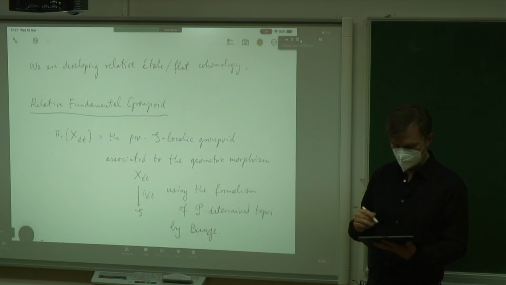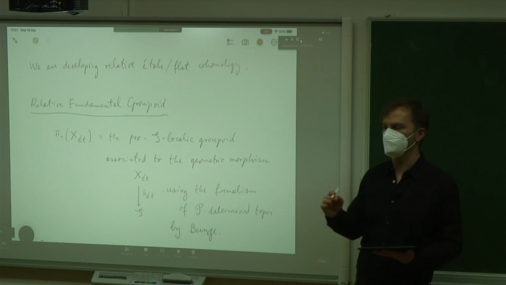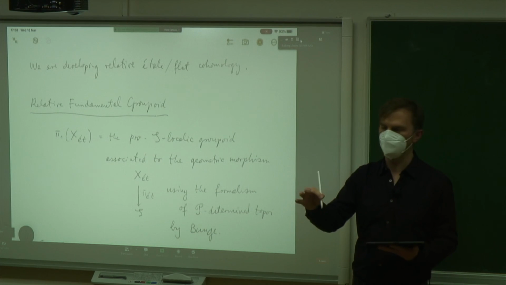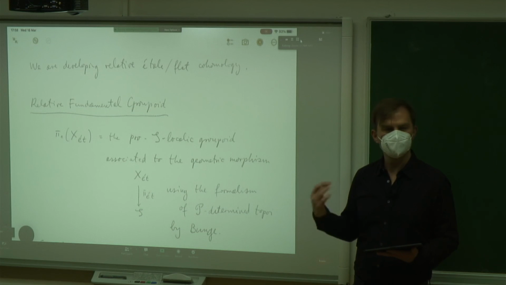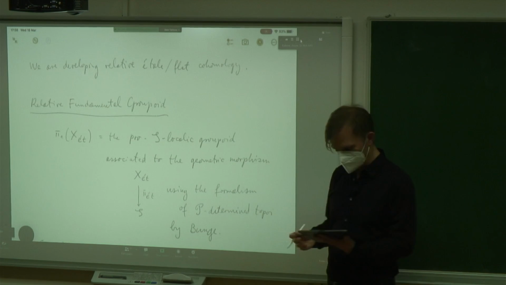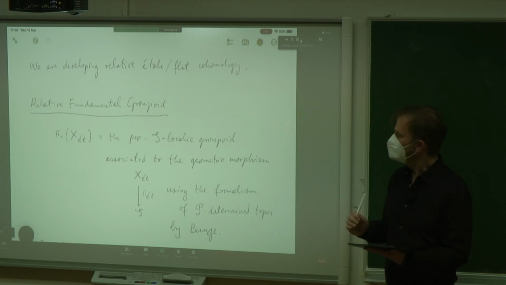So you see, when you're talking about fundamental group, you must select a base point in your space. But if your topos doesn't have a point, then the best you can do is consider the fundamental groupoid. And this also happens in the difference case.